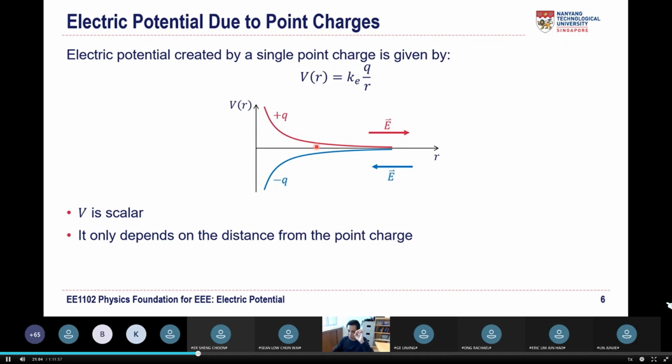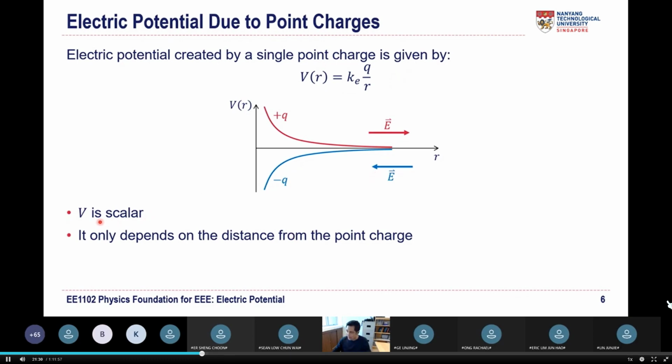We call it the test charge, a small Q0 coming from infinity. How much energy you need to put in to place it at that point, you just read off that value there, if the charge at the origin was plus Q. So this is what the electric potential created by a single point charge means.